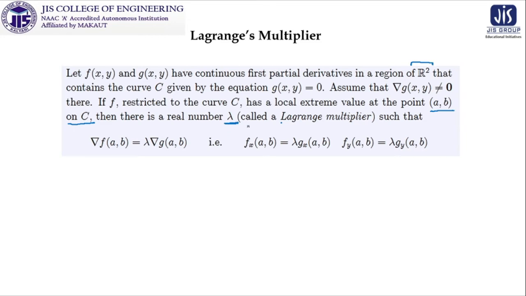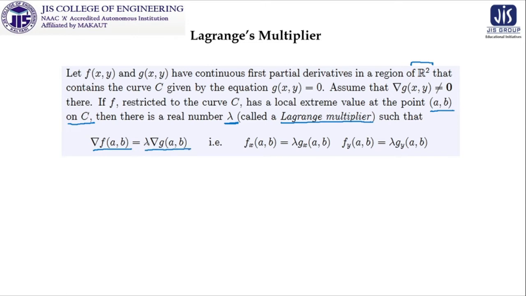There is a real number lambda, which is called the Lagrange multiplier, or sometimes termed Lagrange's multiplier, which will follow the condition: this one is equal to this one.